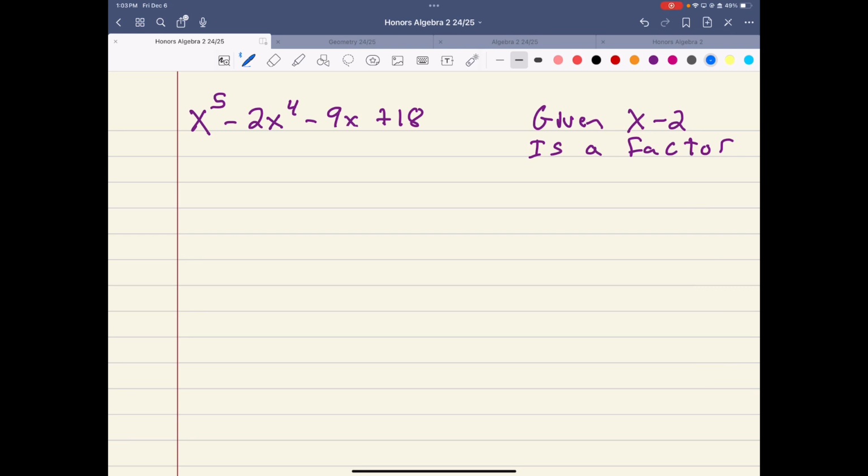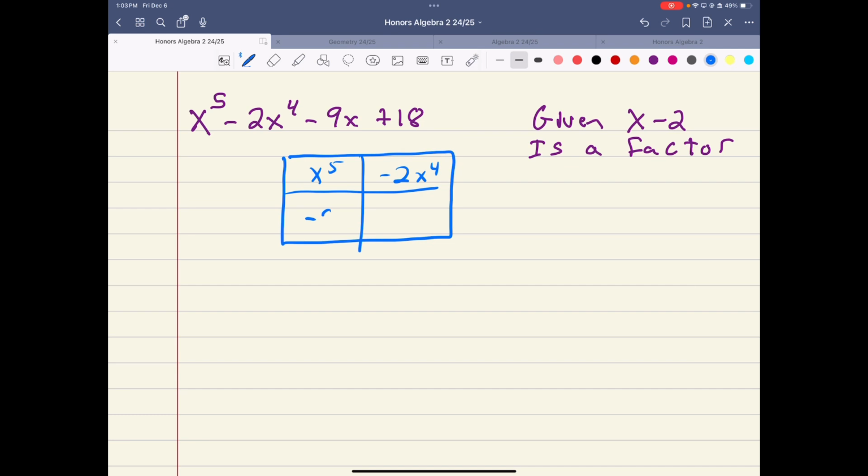If we use the box method, we don't have all that synthetic division, right? Let's see if it works. We've got x to the fifth, negative 2x to the fourth, negative 9x, and 18.